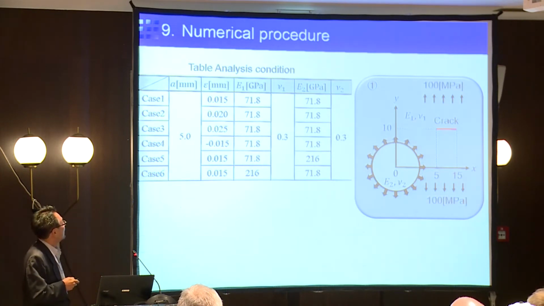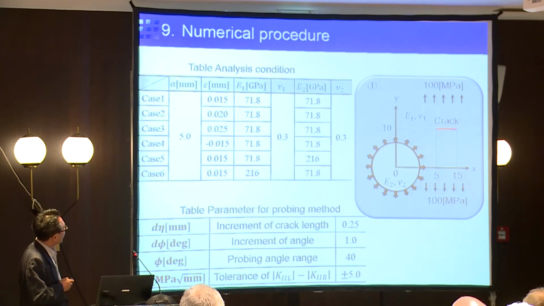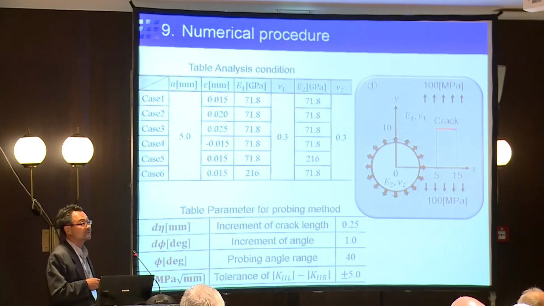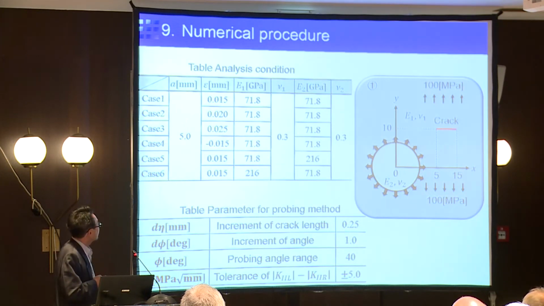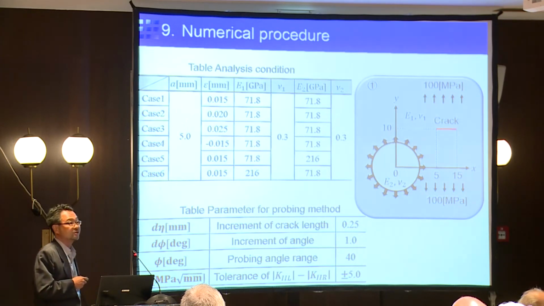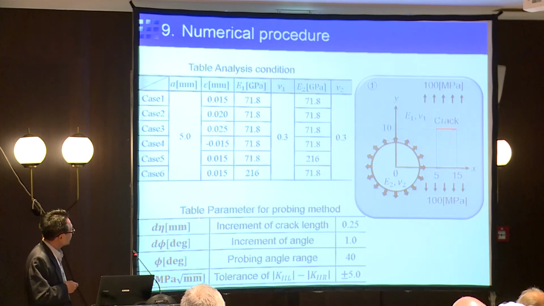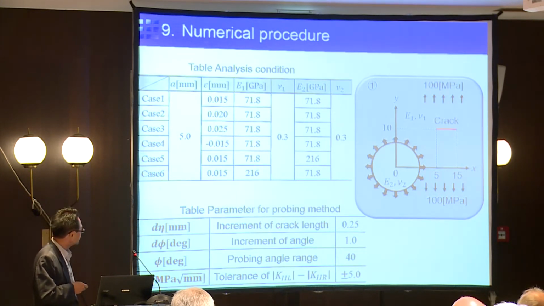Another case is that we change the combination of Young's modulus between the circular plate and the elastic plate, with epsilon fixed. This table indicates the parameters for the probing method.